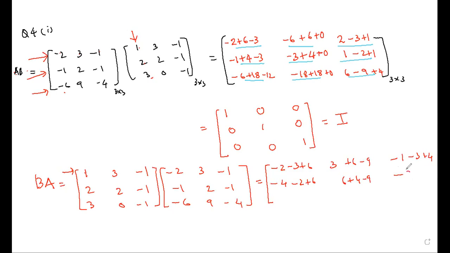Next will be minus 2 plus 4. Next, minus 6 plus 6, that's 0. That became 9 plus 0 minus 9. Next became minus 3 plus 0 plus 4.